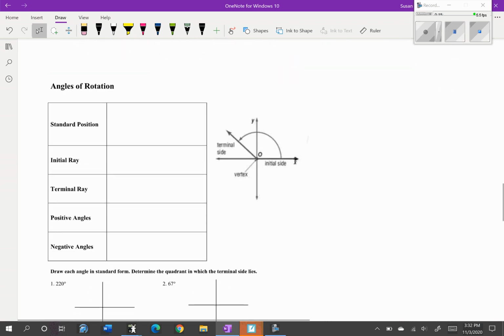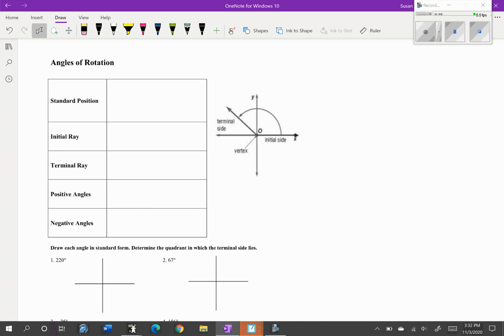So let's go ahead and look at angles of rotation to, again, talk about why we started at the x-axis.